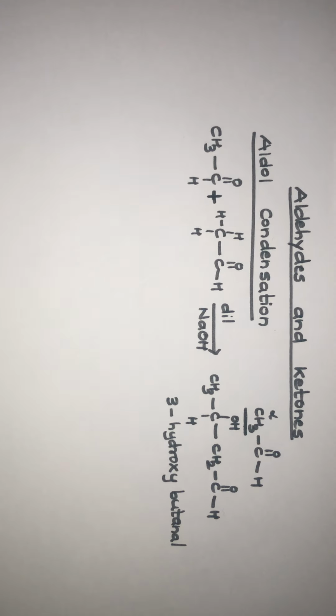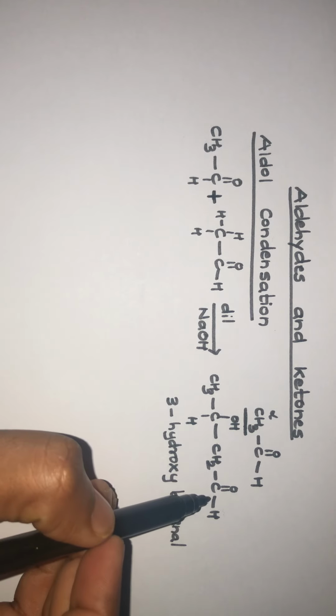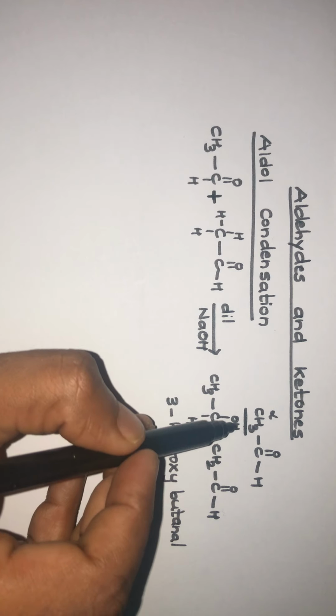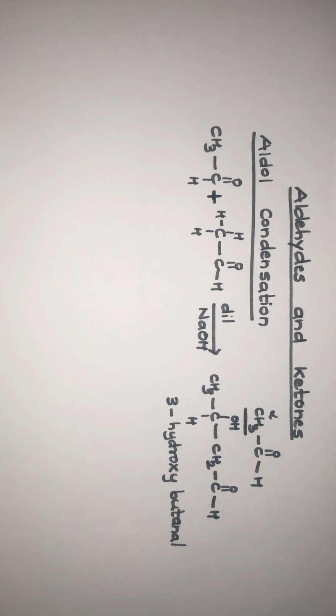Why is it called an aldol? Because it contains an aldehyde group as well as an alcoholic group. That is the reason it is called aldol. Although if it is a ketone, it should be called a ketol because it contains a ketone group as well as an alcoholic group, yet the name aldol is used for this condensation because of its similarity with the aldehydes.